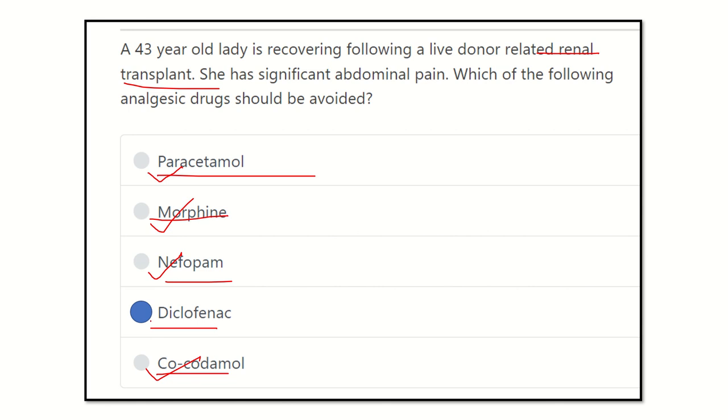But diclofenac is metabolized and excreted partly by the kidney, and it reduces the function of the kidney by inhibiting prostaglandin E2. When prostaglandin E2 is reduced, there is a reduced blood supply to the kidney that causes ischemic changes and injury of the kidney, and it should be avoided in case of a renal transplant patient.